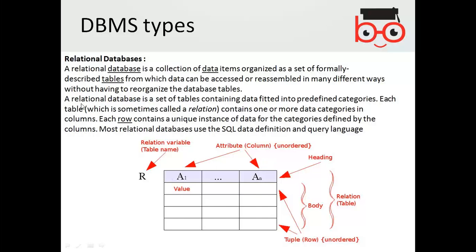That is the beauty of the database management system. A relational database is a set of tables containing data fitted into predefined categories. So, in the relational database, you will have to define predefined categories. For example, you have a student table: student roll number, student date of birth, student address, student courses, which must be predefined.